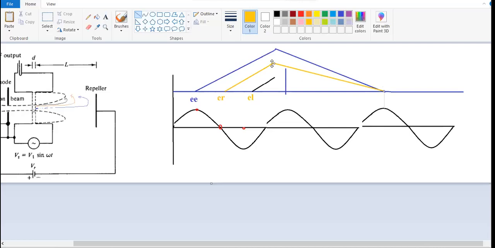They will not be very sharp, so here they will be a smooth line here at the top.